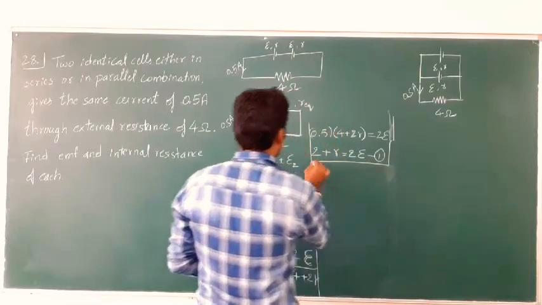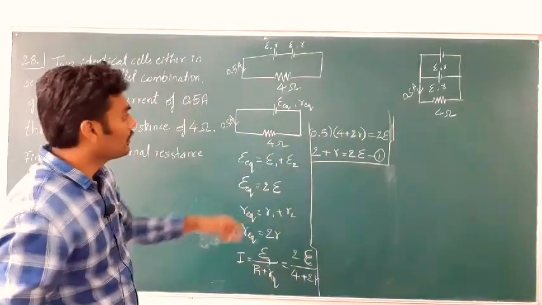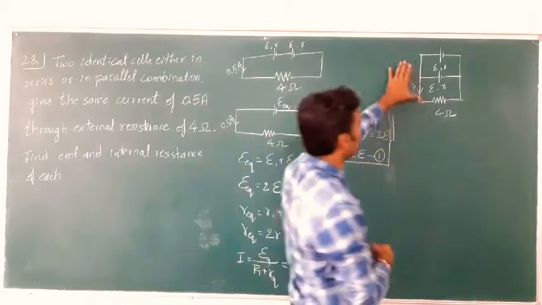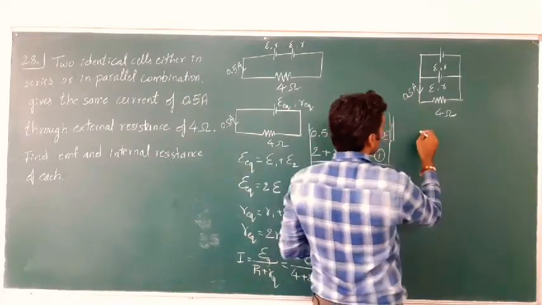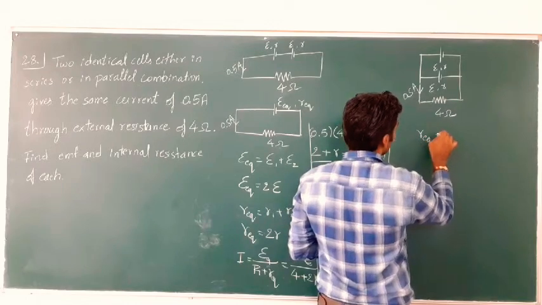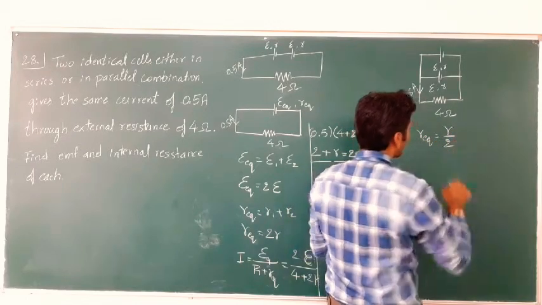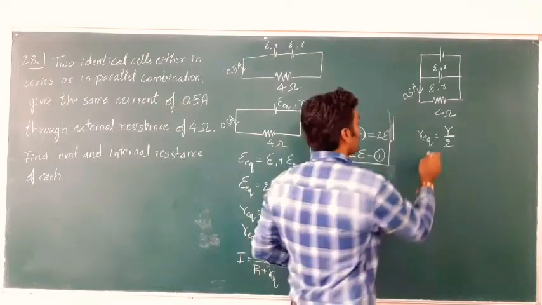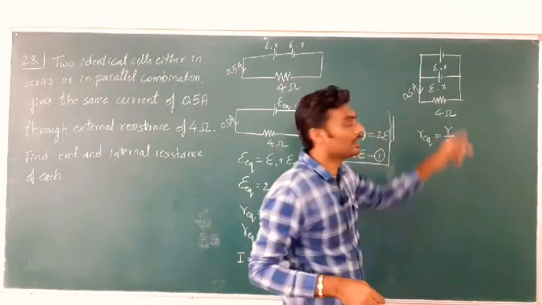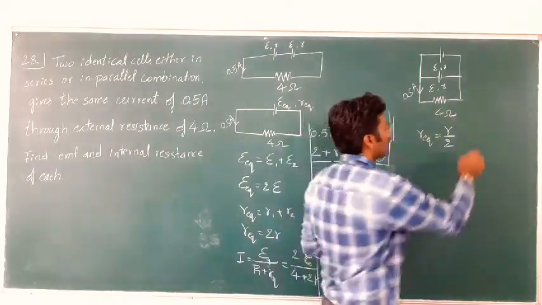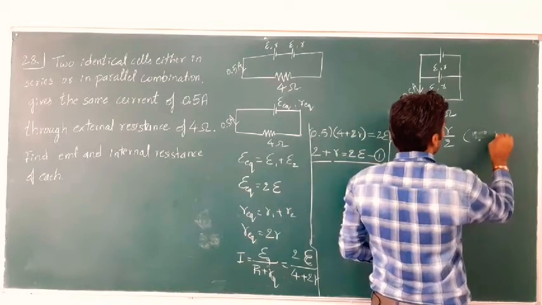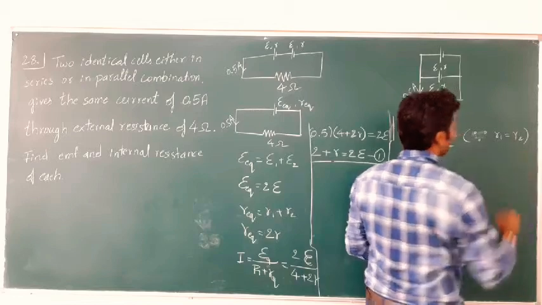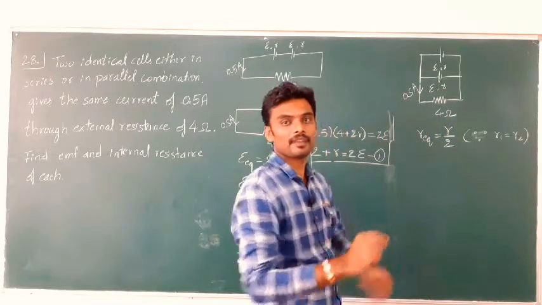Now applying the combination of cells for this particular combination, here R equivalent is equal to R by 2. You can directly write, okay, not a problem, because the resistors are equal, and within bracket you write R, since R1 is equal to R2, okay.